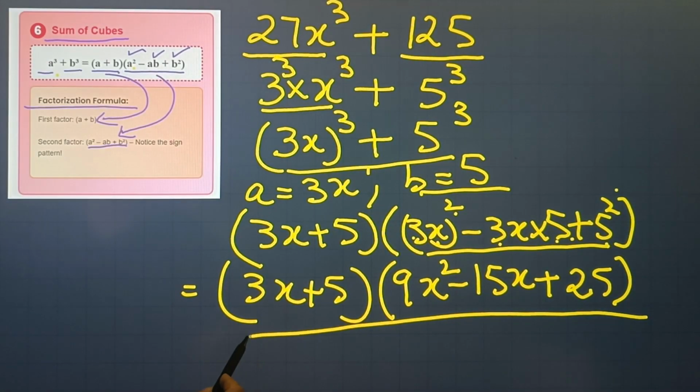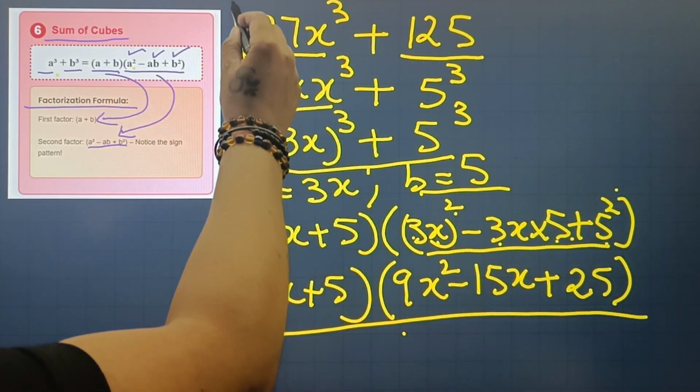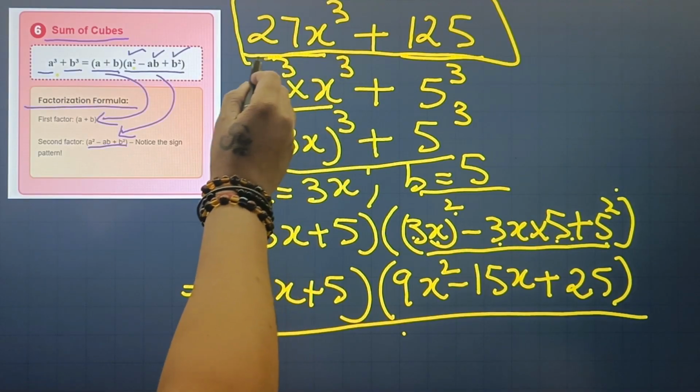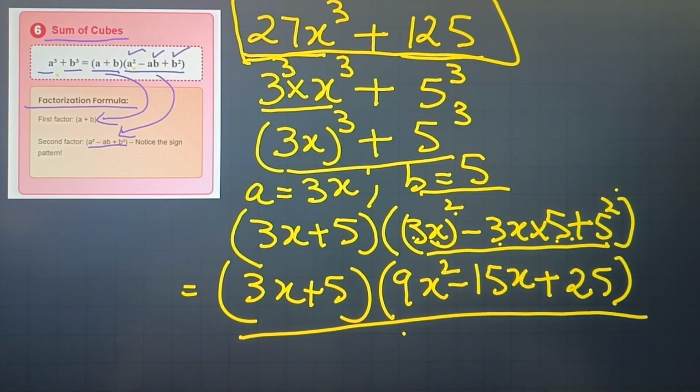So this is our final answer by using our identity, which is a cube plus b cube, and we have done the factorization of this algebraic expression.